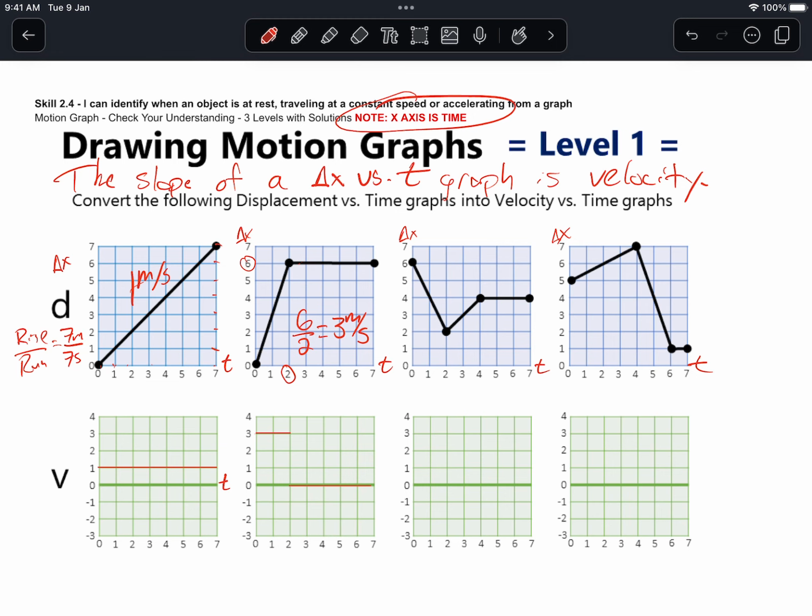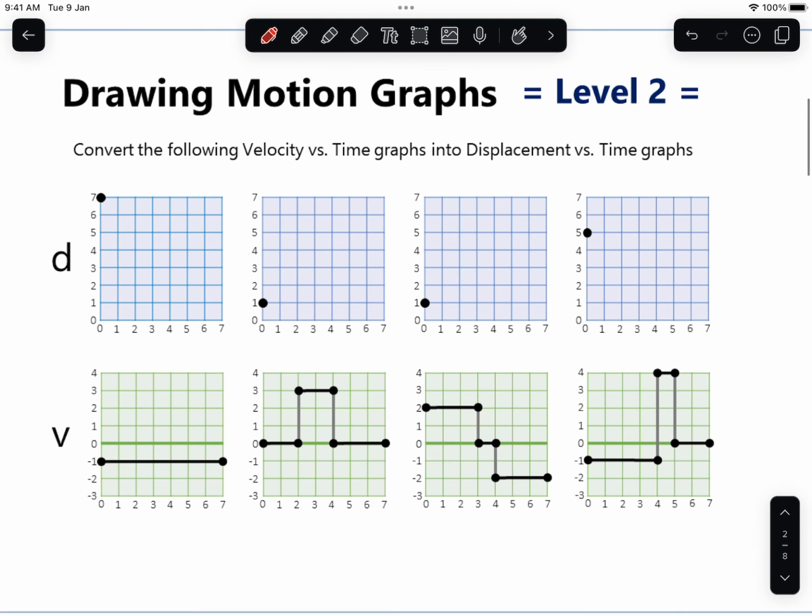Let's take a look at level 2. So level 2, it looks like I have a starting position here. Oh, but it's telling me my velocity down here on my velocity versus time graph. So the velocity here is -1, and it's -1 the entire time. Well, I know that the slope of a distance versus time graph is going to be the velocity.